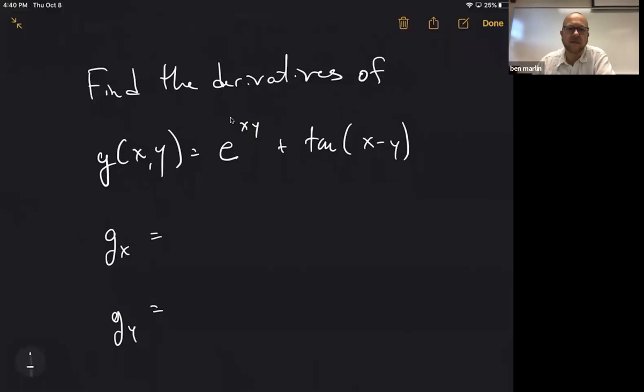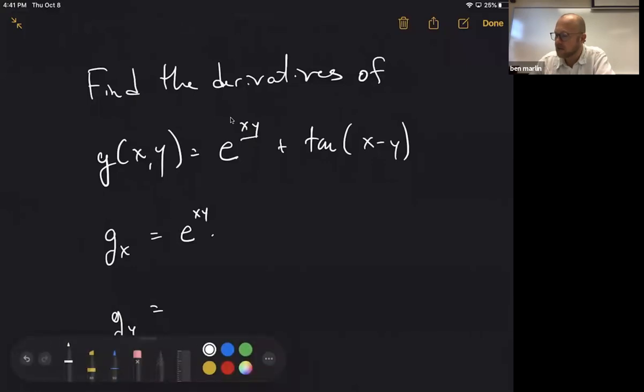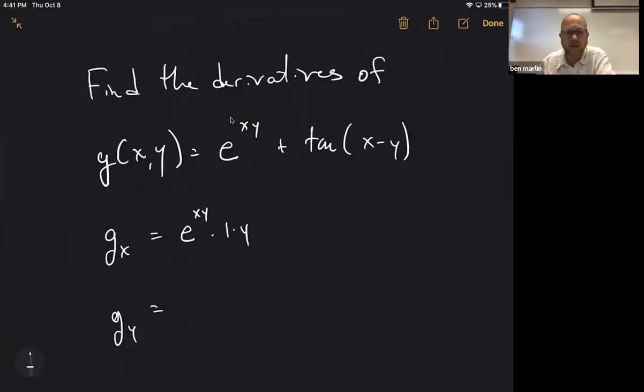Same thing going on here. So take the derivatives of e to the xy plus the tangent of x minus y. Well, e to the xy is an exponential, so when I take the derivative with respect to x, I'll get e to the xy. But the chain rule says I have to take the derivative of the xy now with respect to x. So xy, y is a constant, and so you'd have 1 times y, and you just leave it there.